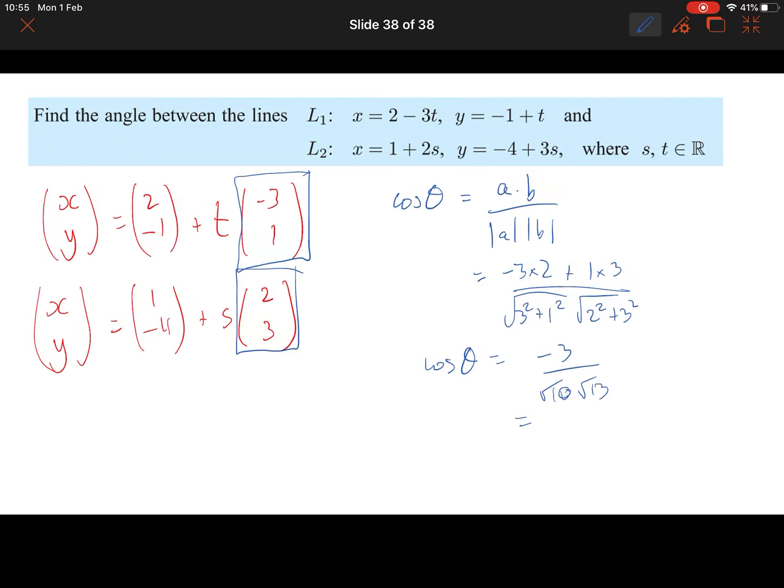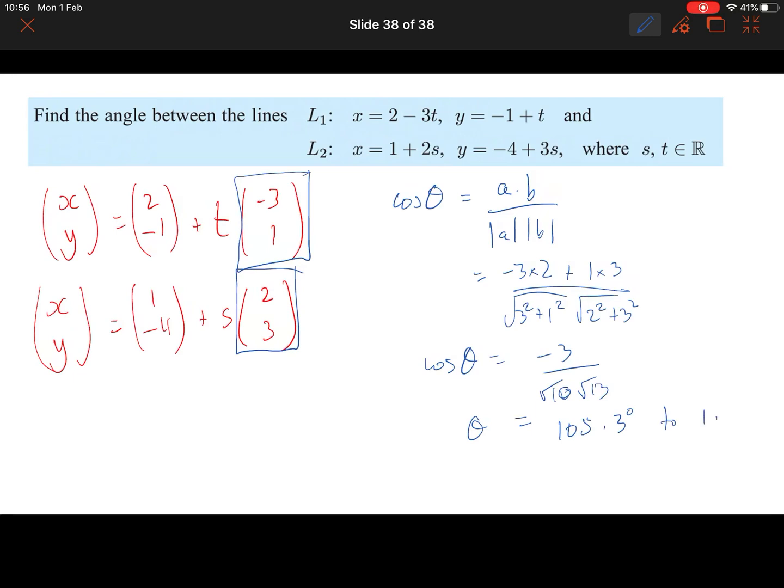Okay, so again, using my calculator, -3 divided by the square root of 10 times the square root of 13. Okay, and then inverse cosine of your answer.